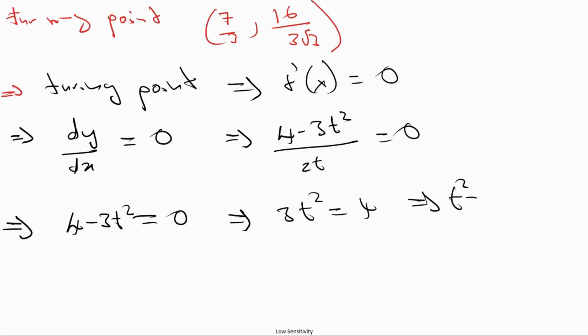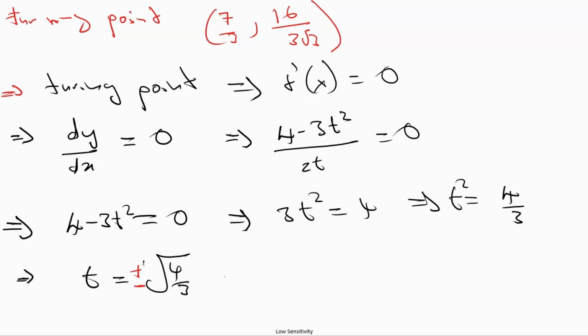Therefore t squared equals 4 over 3, so t is going to be the square root of 4 over 3. In a typical quadratic equation, the answer would be t equals plus or minus the square root of 4 over 3.